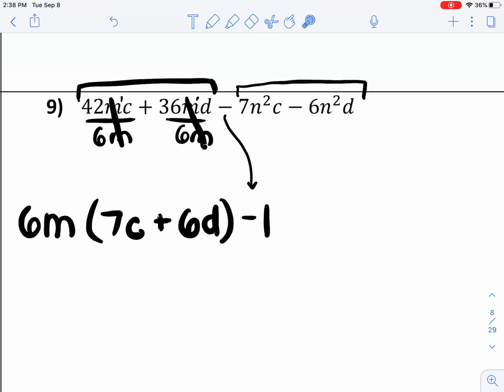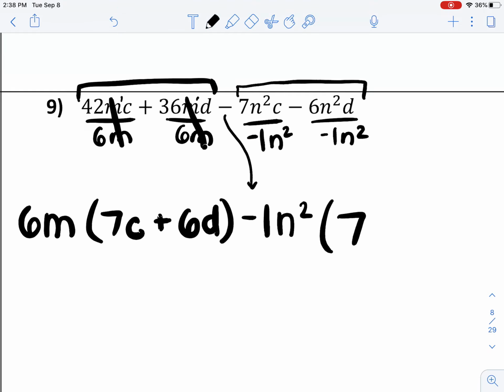And now looking at the variables, I've got n squared in both of them. So I can bring down n squared here. But they don't both have c or d, so that cannot be in my GCF. So I'm just going to be dividing by negative 1n squared. Negative 7 divided by negative 1 is positive 7. And n squared c divided by n squared, the n squareds cancel because they match, but I'm still left with c.